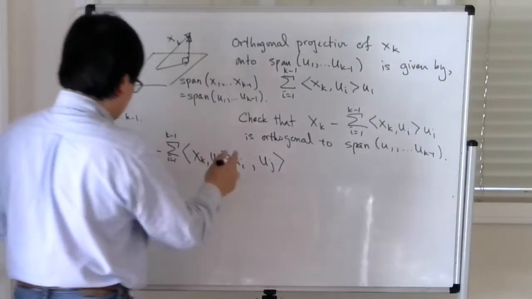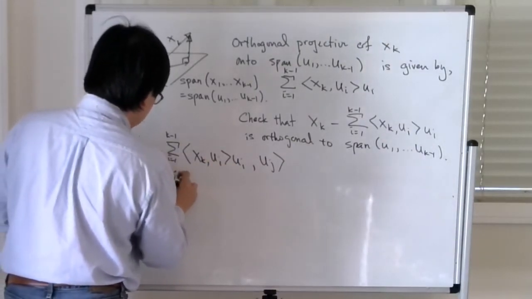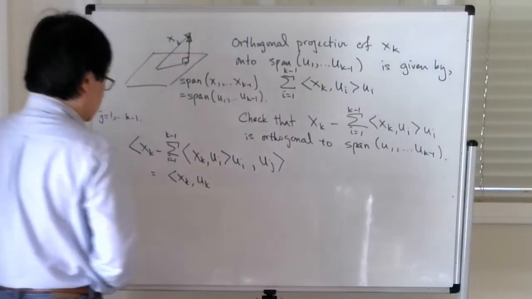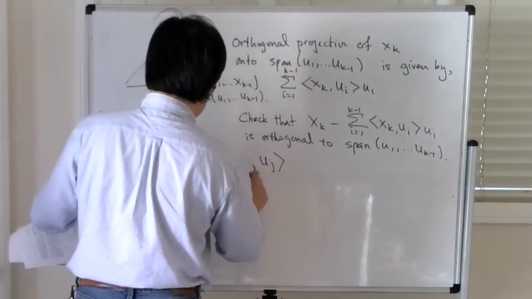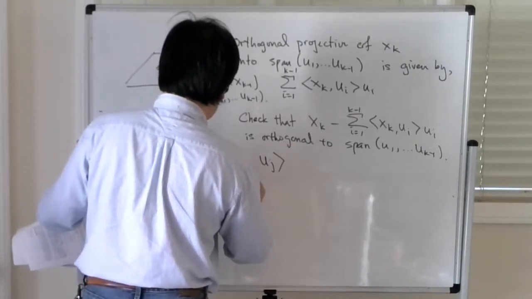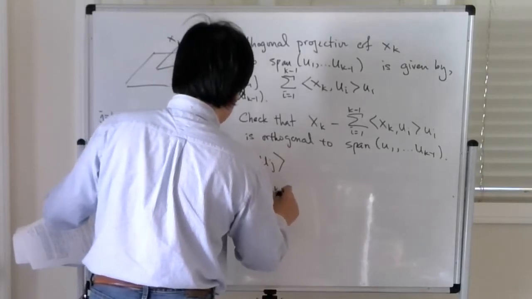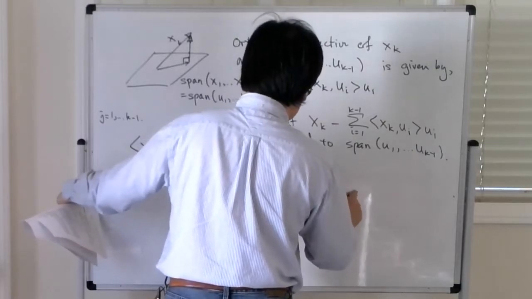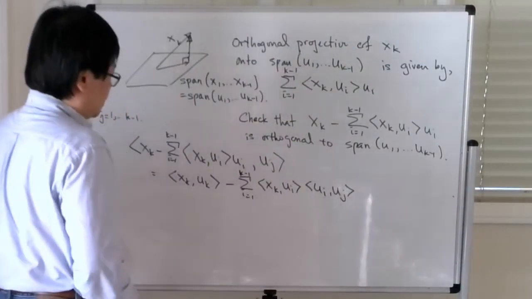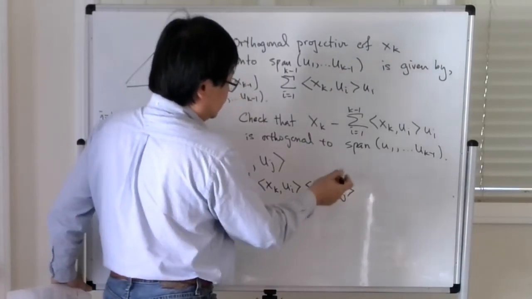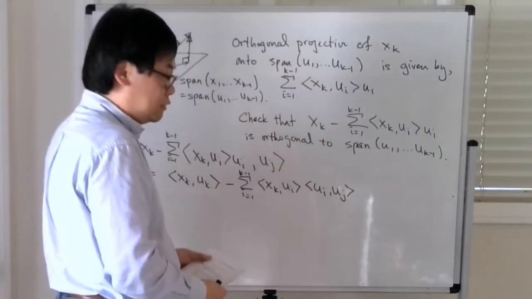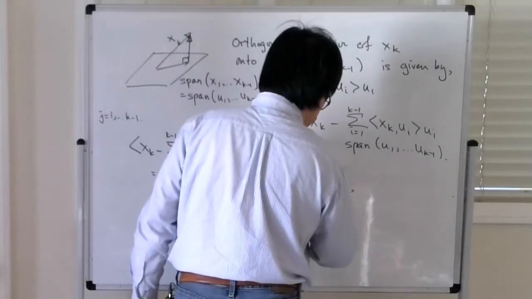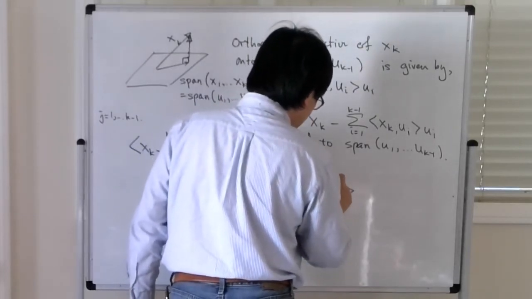If you write that out, that's nothing more than the inner product of xk with uj, minus the sum from i equals 1 to k minus 1 of the inner product of xk with ui, times the inner product between ui and uj. But we've assumed that u1 to uk minus 1 are orthogonal to each other, so this inner product is the Kronecker delta between i and j.